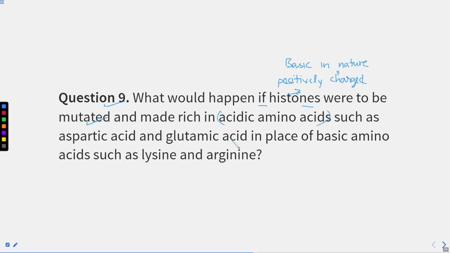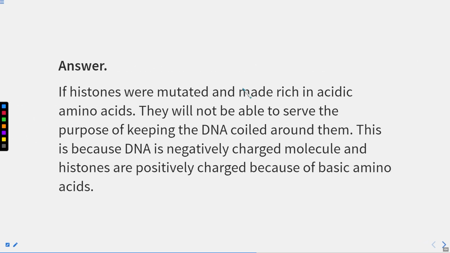Now, if they are mutated and made rich in acidic amino acids such as aspartic acid and glutamic acid in place of the basic amino acids, which are lysine and arginine, what would happen? Because histones are usually made up of basic amino acids, they are positively charged. This helps the DNA wind around them.